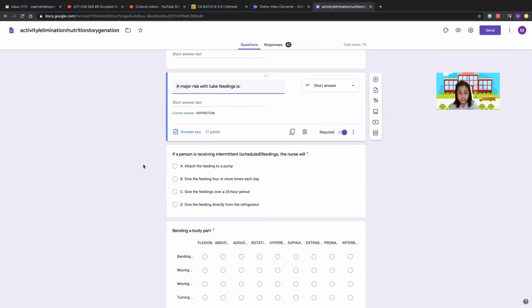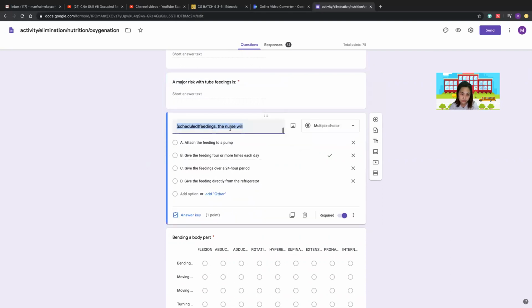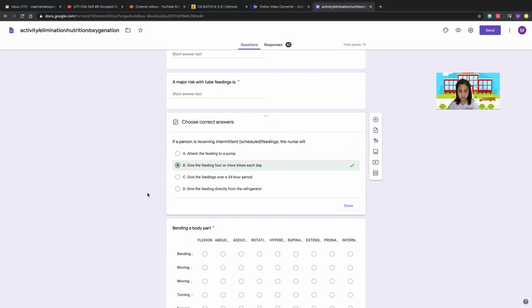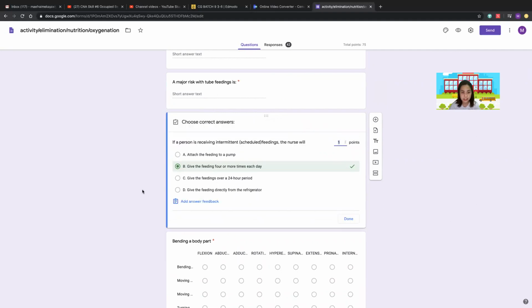If a person is receiving intermittent feedings, the nurse will, if intermittent feeding, okay, there is a clue here, scheduled feedings. What will you do? So you will give the feeding 4 or more times each day. So you will not attach it to the pump because that would be continuous feeding.